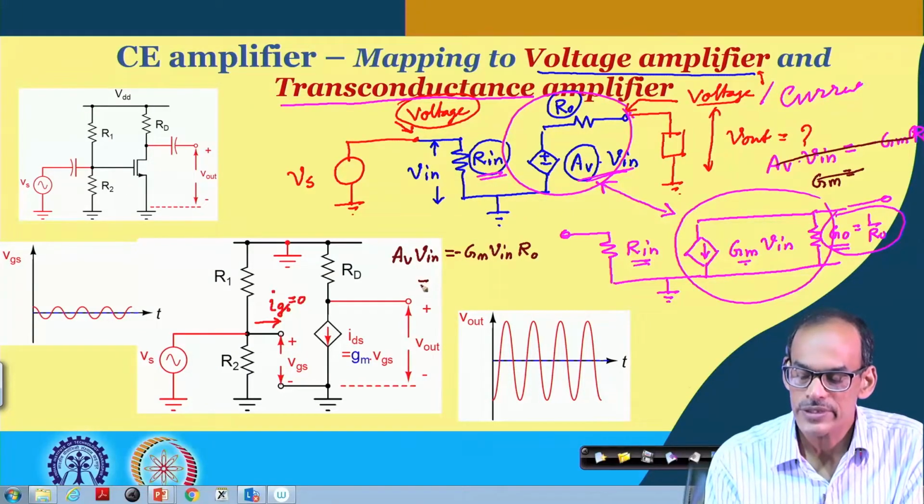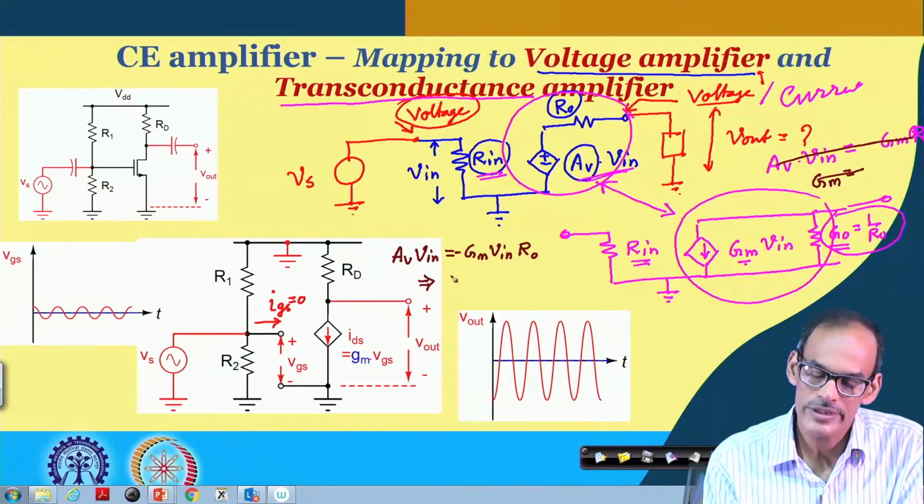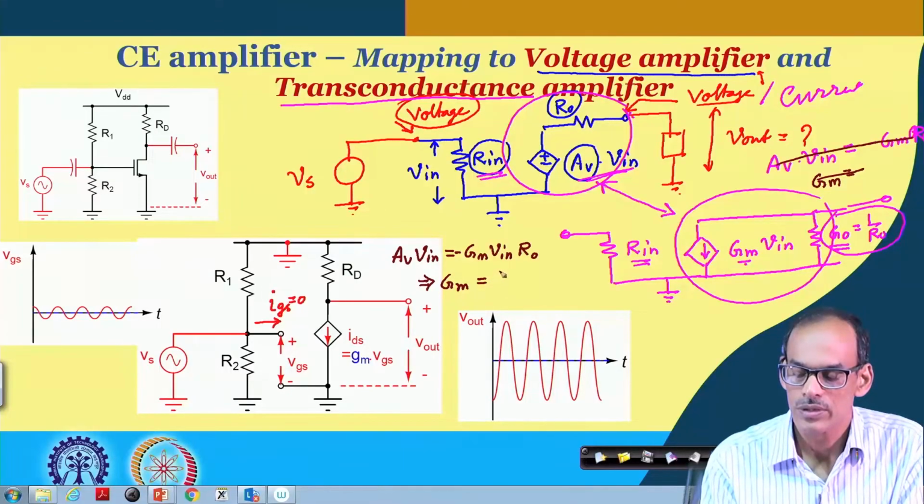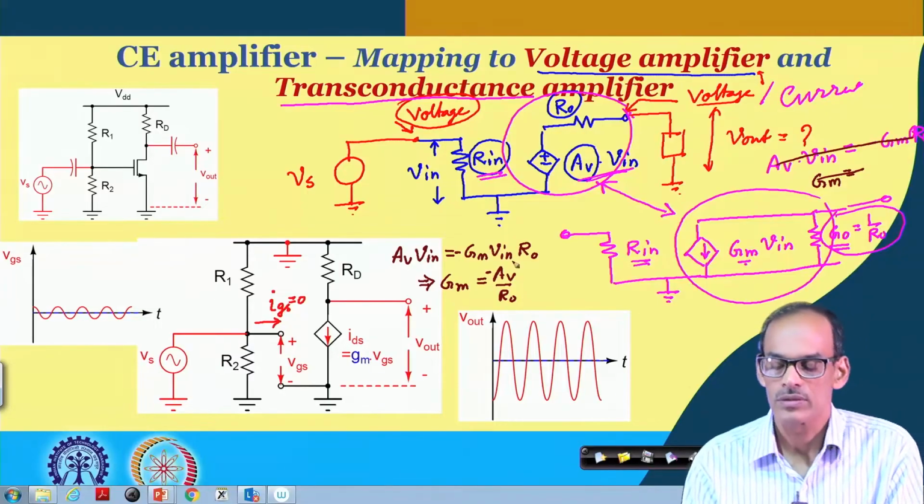That gives us the relationship between this G m and this A V. So, G m equals A V by R 0, and of course with a minus sign here.